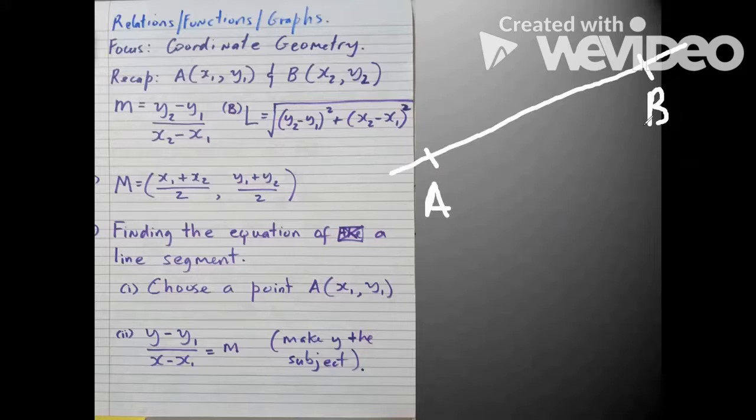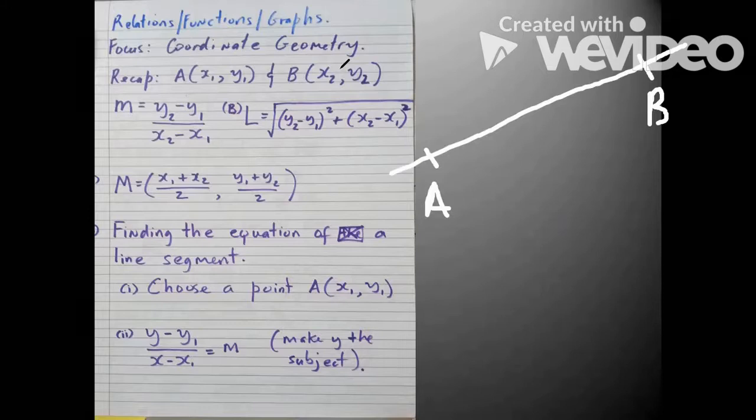To find the gradient, now remember we said that gradient is the measure of how steep a line is. All right, and we normally find a gradient from a graph when we calculate a set of ordered pairs, plot those ordered pairs, and then we construct a right angle triangle, then use the formula gradient equal rise over run.